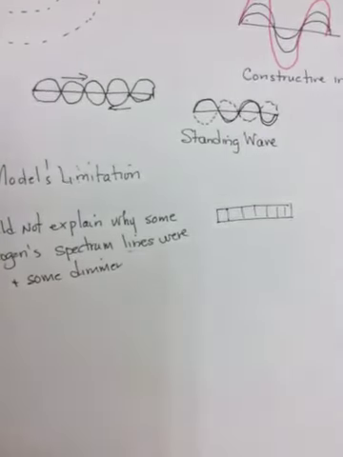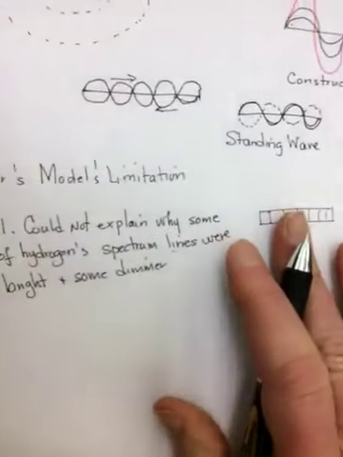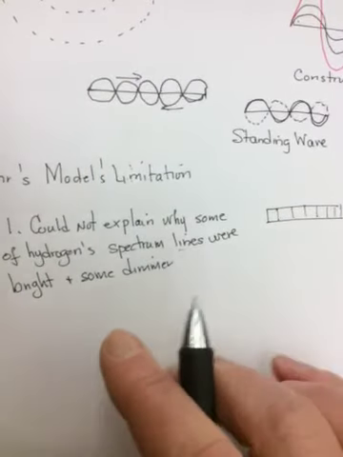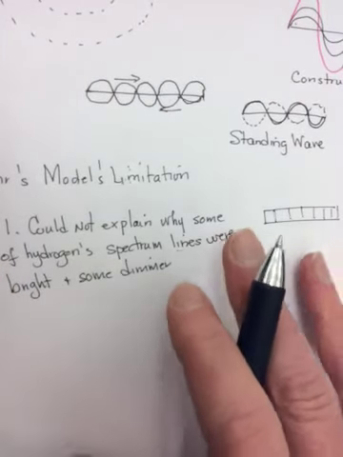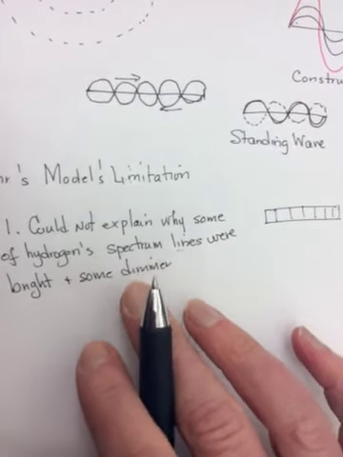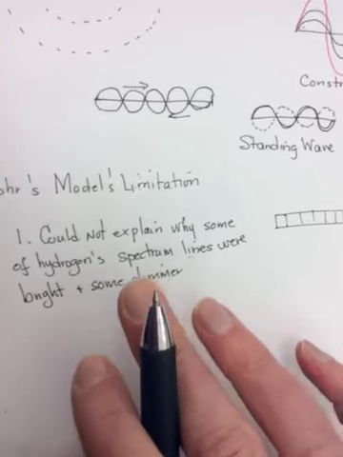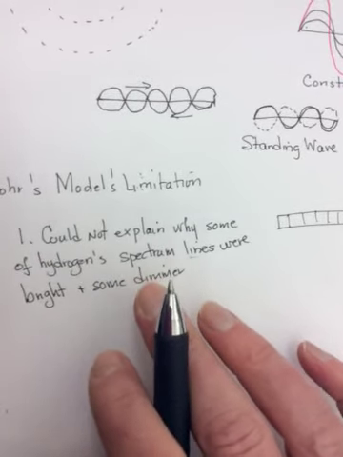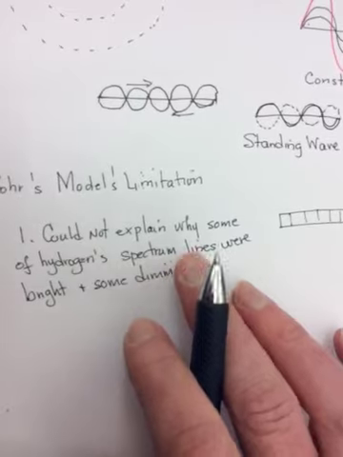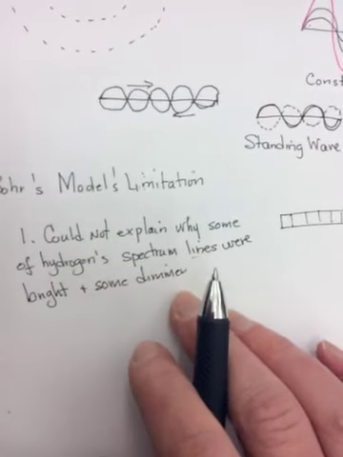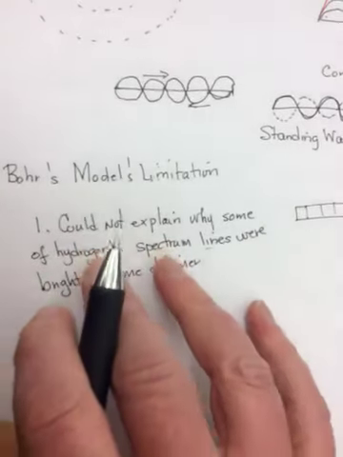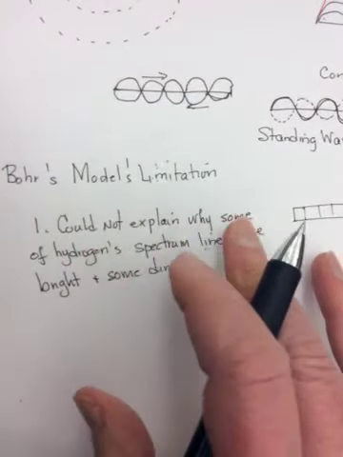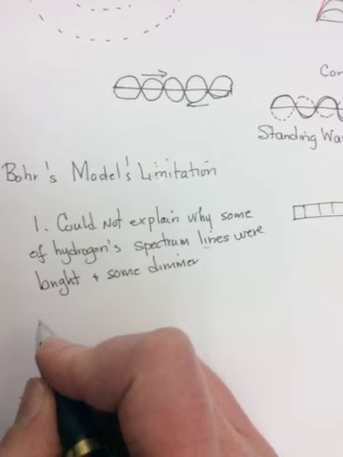And hydrogen has 4 of them in the visible spectrum. 3 of them are actually quite bright. 1 is significantly dimmer. Bohr's model could not explain which ones were bright and which ones were dim, or why. Okay, so that's his first limitation. We're going to talk about spectra, the absorption and emission spectrum, in the next video.